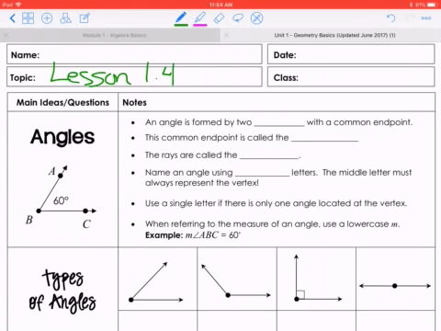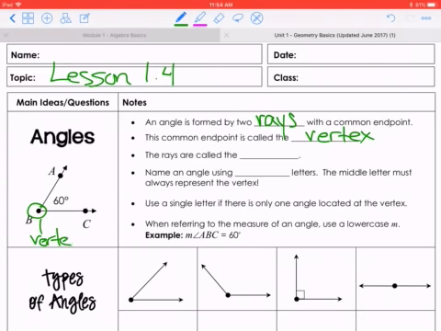An angle is formed by two rays. Remember we talked about rays, they have a starting point and then they go on in one direction. With your rays, you have a common endpoint, and that is called a vertex. In this picture, B would be the vertex.